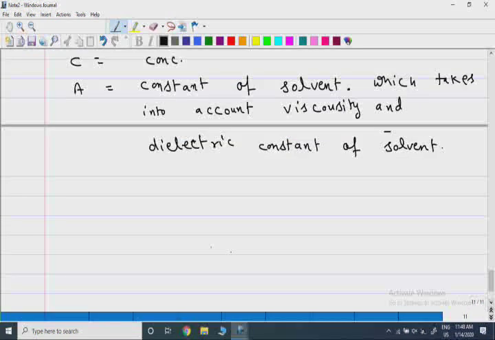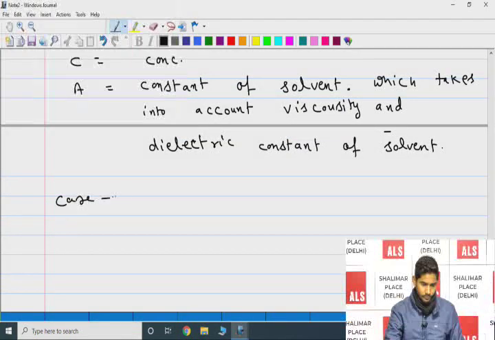Okay, let's move on. Case 2: weak electrolyte.